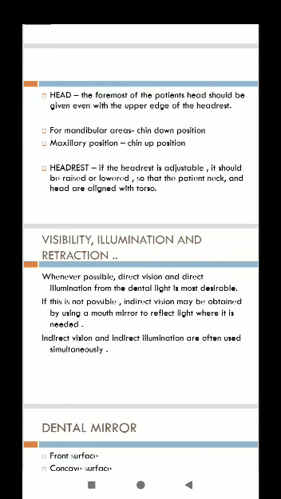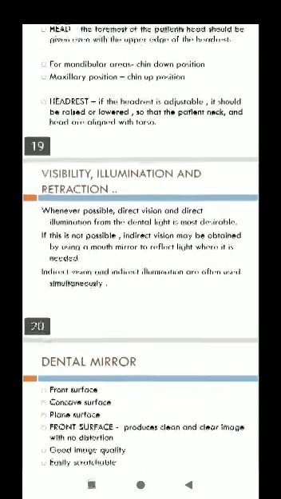Whenever possible, direct vision and direct illumination from the dental light is most desirable. If this is not possible, indirect vision may be obtained by using a mouth mirror to reflect light where it is needed. Indirect vision and indirect illumination are often used simultaneously.